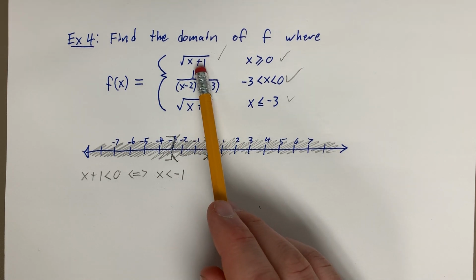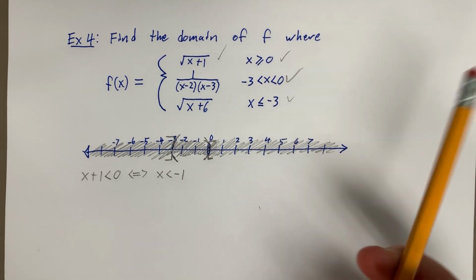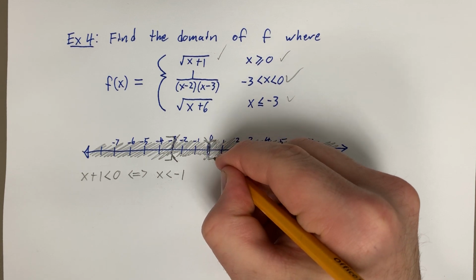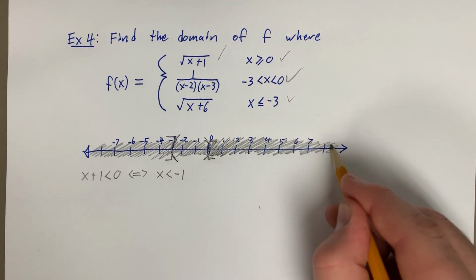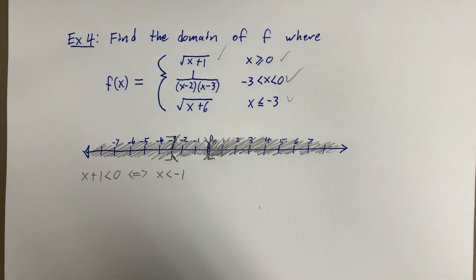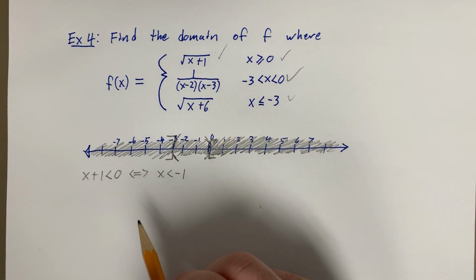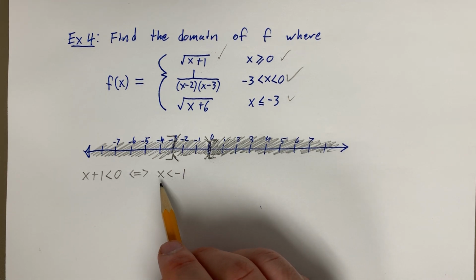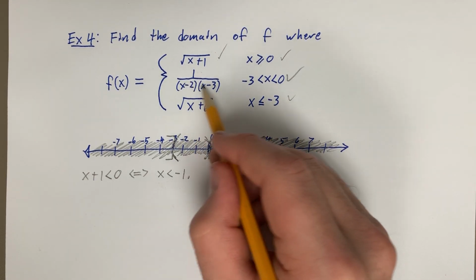So on this interval, this will never be a square root of a negative number. Okay? So we're stuck with this interval. This is solid. We'll just fill it in even deeper if you want. All right? So we're not going to ever have a square root of a negative number when x is greater than or equal to 0, because all of our square roots of negatives happen when x is less than -1. So we're safe.